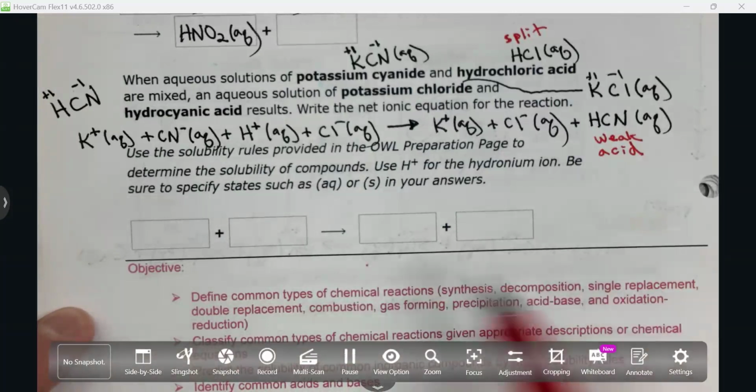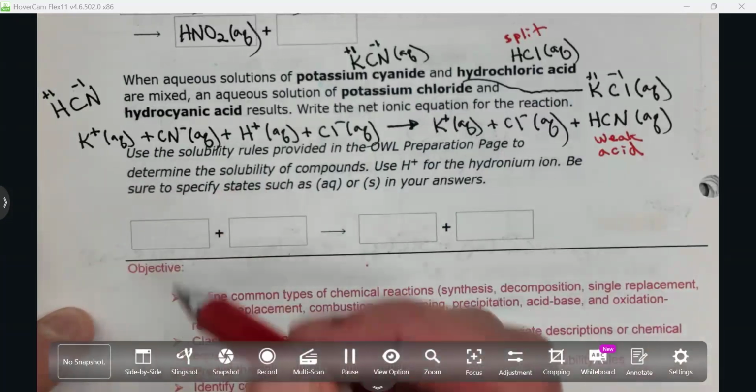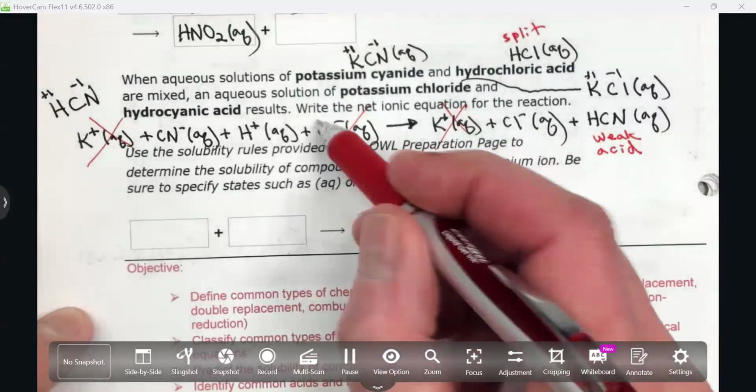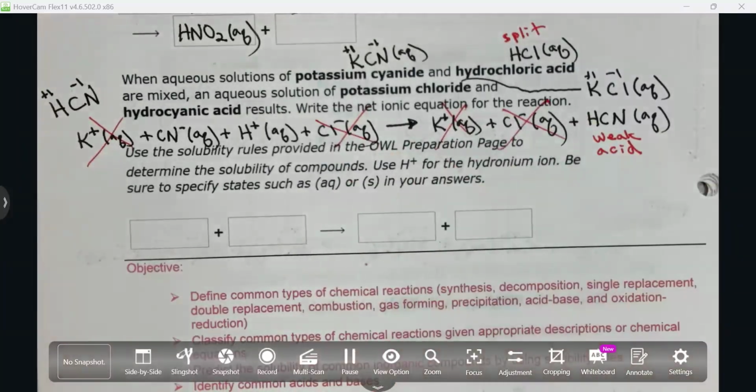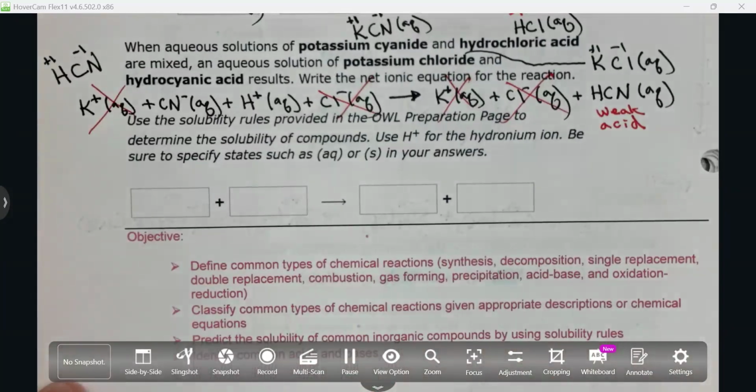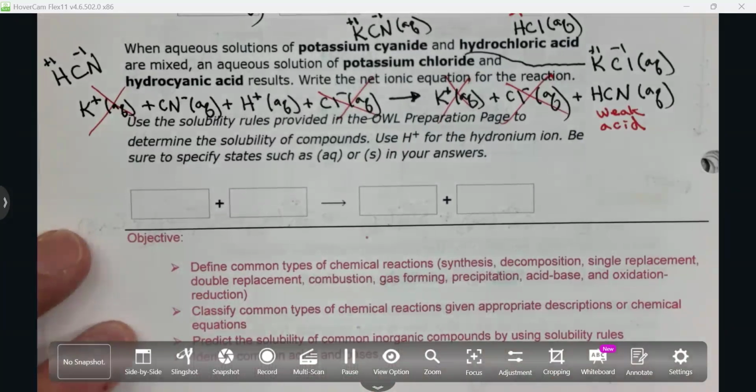And then we can cross out spectator ions. And we kind of have the same thing we did up above.